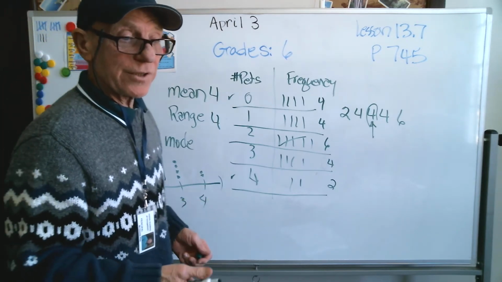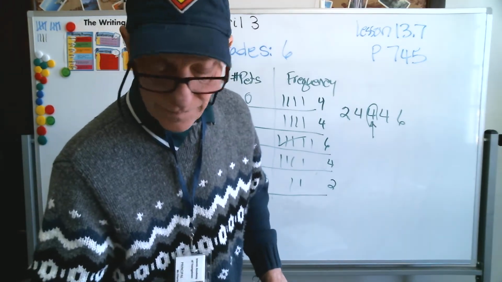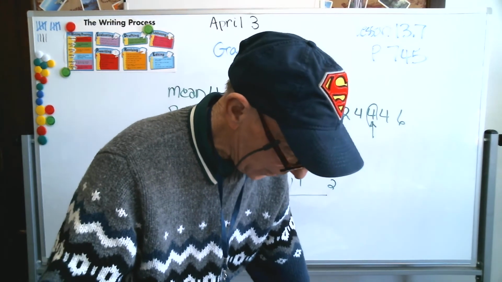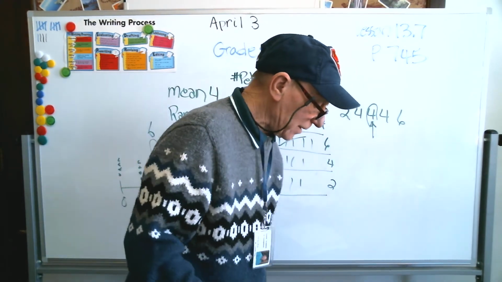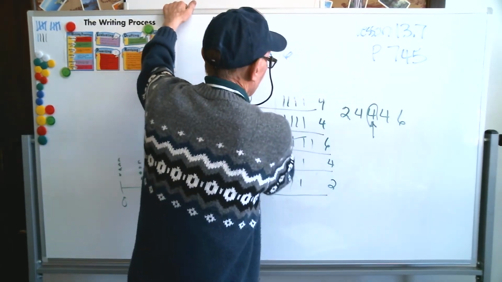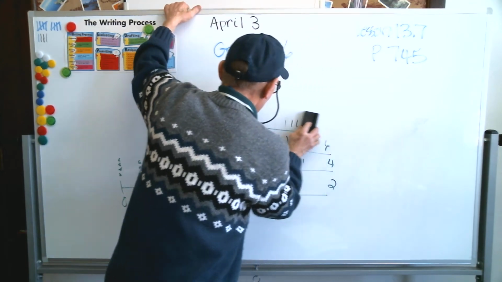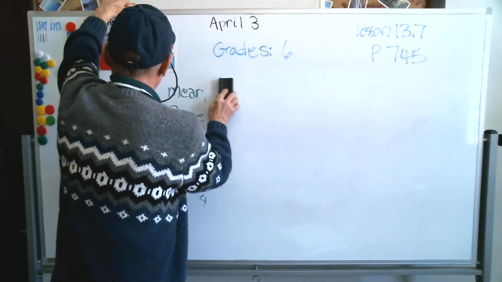Anyhow, those are some of the statistical questions you can ask based on that little exercise there on page 745. Let's go on to the next page and see what other kind of things I can come up with to mess up your brains going into this nice weekend.